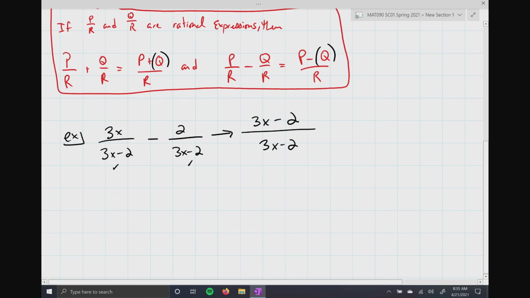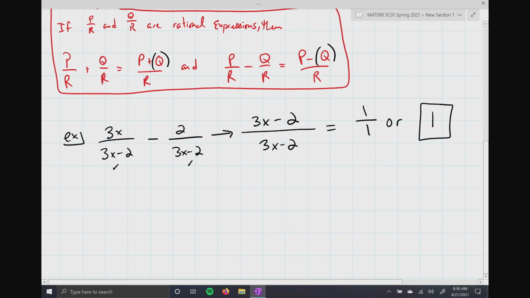Now, there's something that actually happens here that we kind of did in the first problem, but not really. What happens here? Everything reduces. Very good. Everything reduces. 3x minus 2 over 3x minus 2 equals 1 over 1, or just 1.